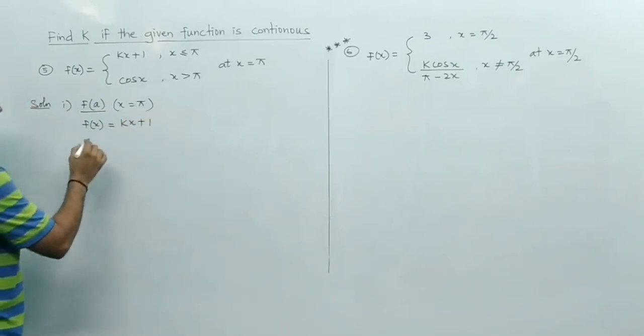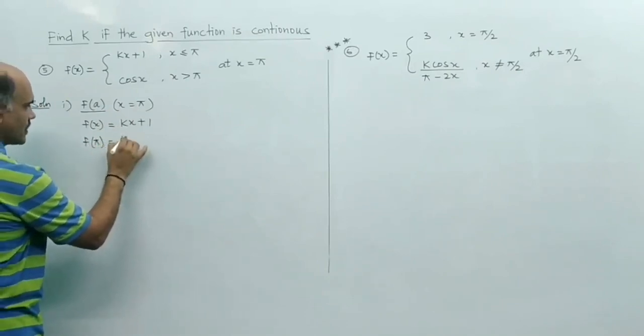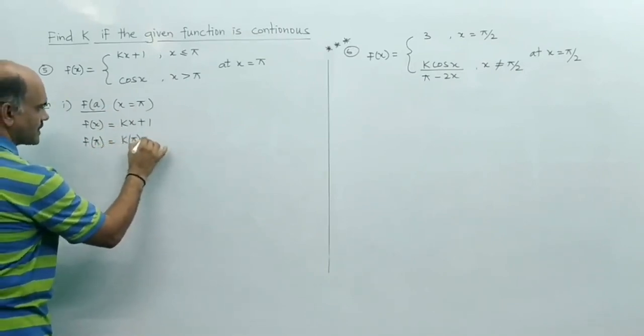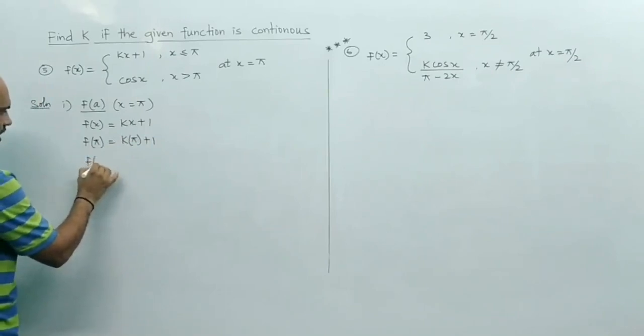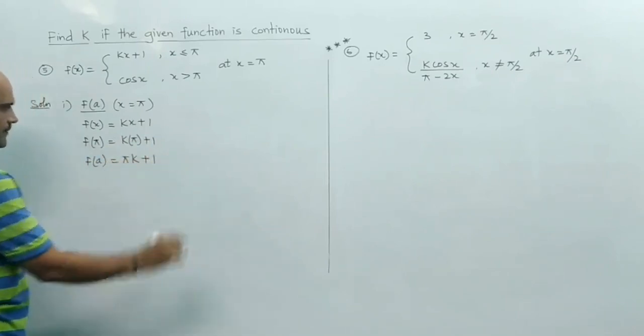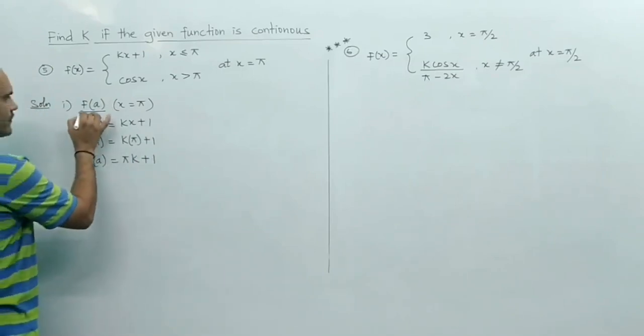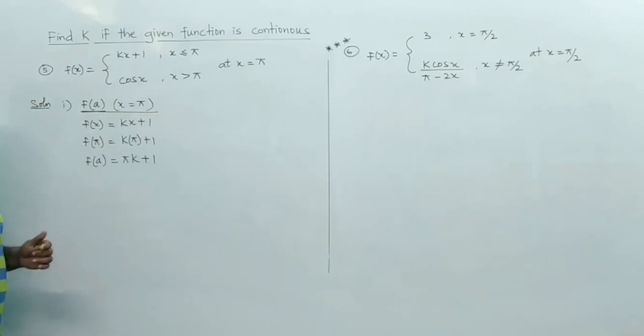So in place of x substitute pi. So f of pi is equal to k into pi plus 1. So f of a is pi into k plus 1, when x is equal to pi.